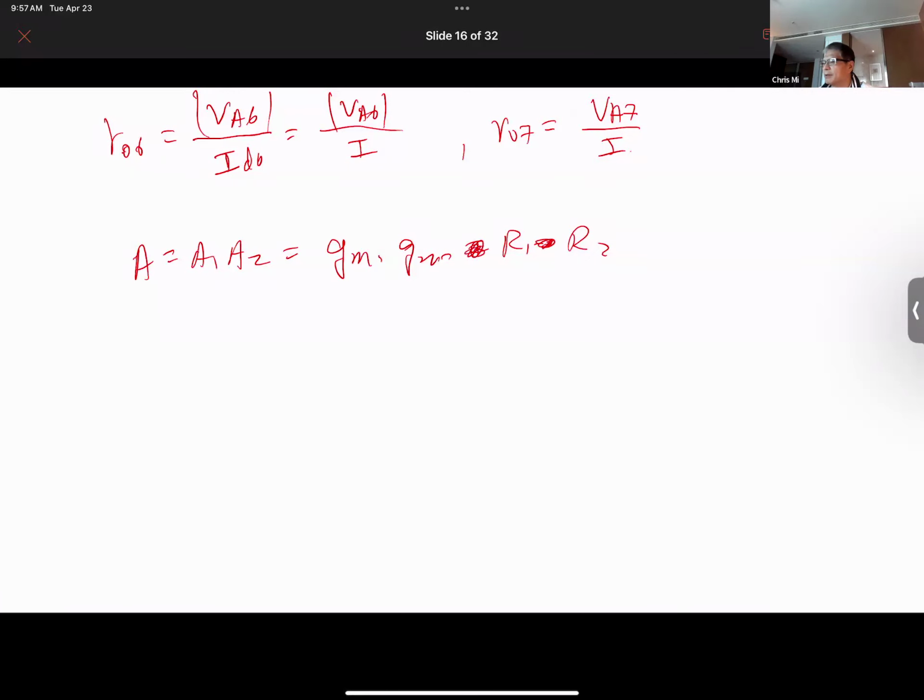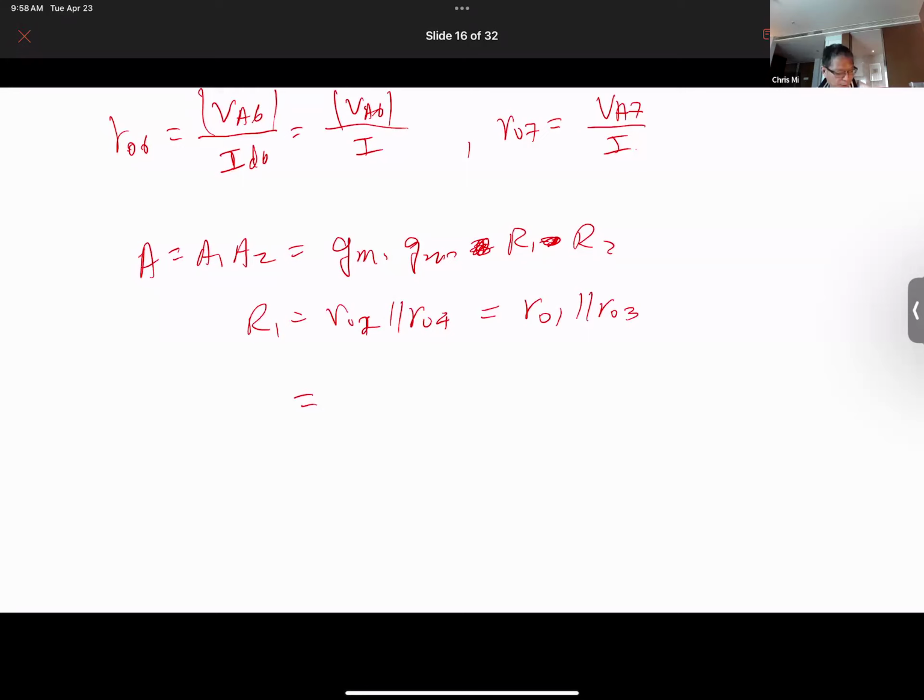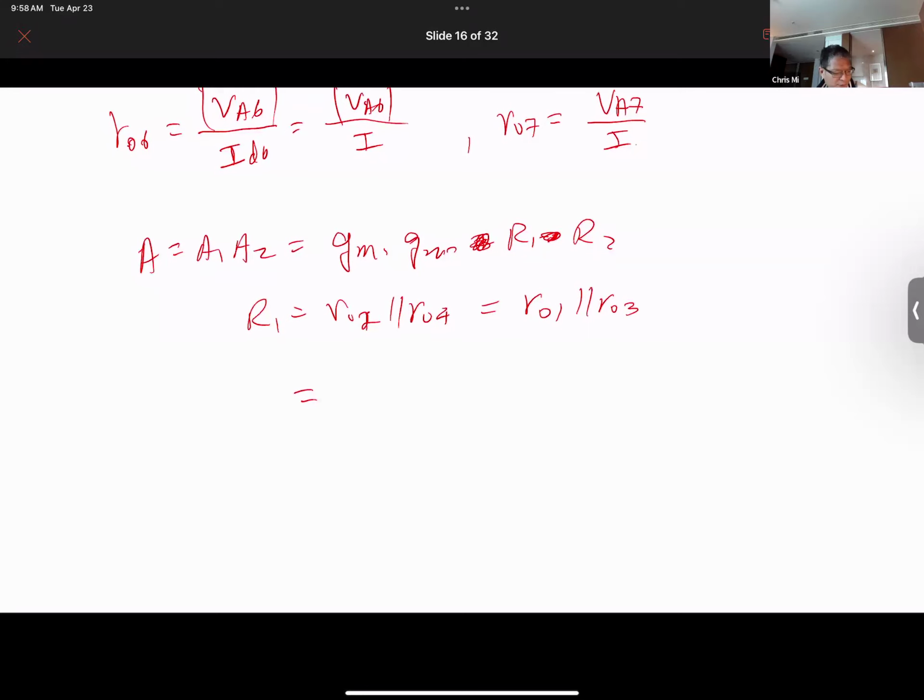And R1 equals RO2 in parallel with RO4, which you can also write as RO1 in parallel with RO3. That's the same thing. But RO2 and RO4 we already found out. So now we can put RO2 and RO4 in parallel.